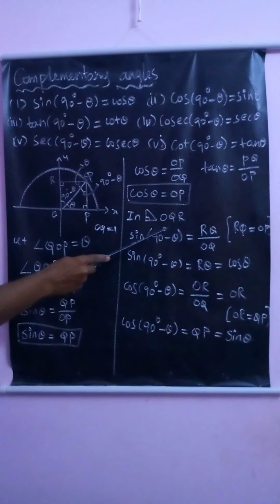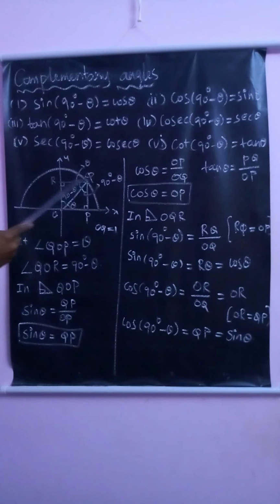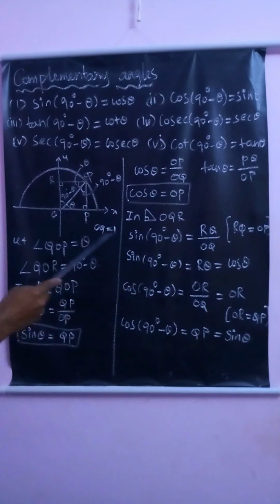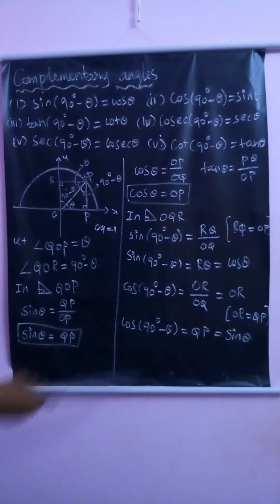So sin of 90 degree minus theta equals RQ divided by the hypotenuse OQ. OQ is the radius, 1 unit, so RQ divided by 1 is RQ.